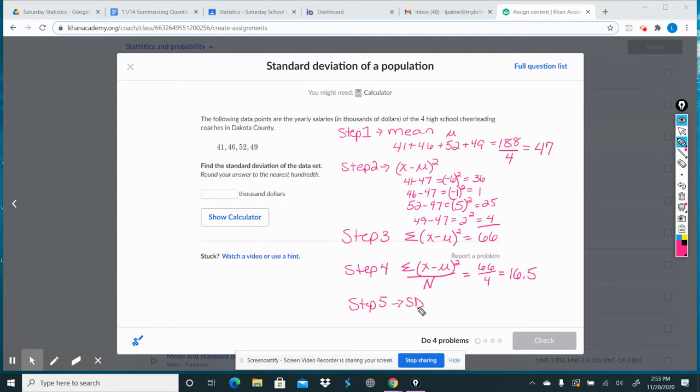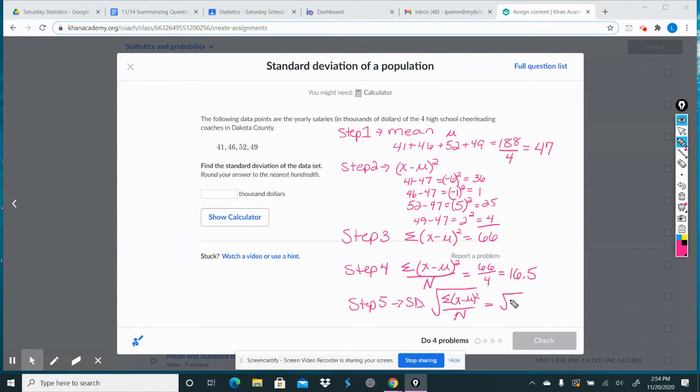So the standard deviation, SD, would be taking the square root of that sum. In this case, we want to round our answer to the nearest hundredth.